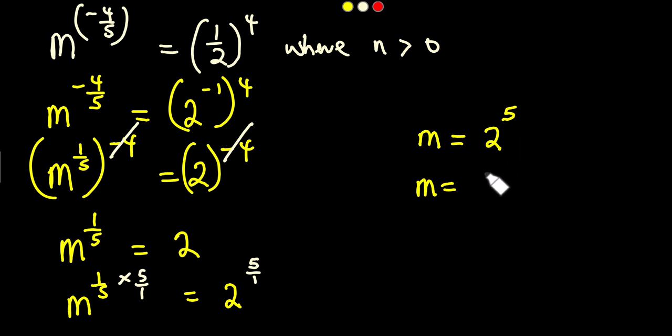You multiply 2 times 2 times 2 times 2 times 2, and we multiply this out. 2 and 2 is 4. 4 and 2 is 8. 8 and 2 is 16. And 16 times 2 is 32. So definitely you can see that m will have to be the number 32.